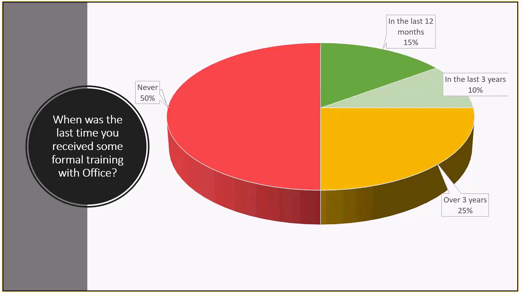So whoever these 50% of individuals are, it means that they're not leveraging the newest functionality within Office. One of the big things Microsoft are pushing is they are making it a lot easier to do more complicated things. And if people don't know about this, they're essentially wasting time.